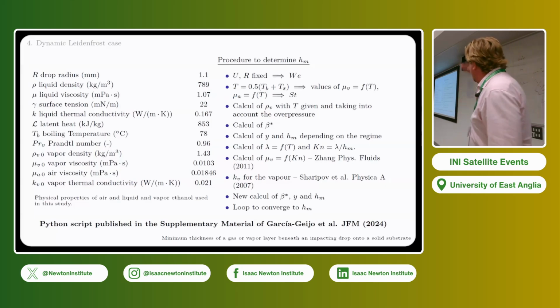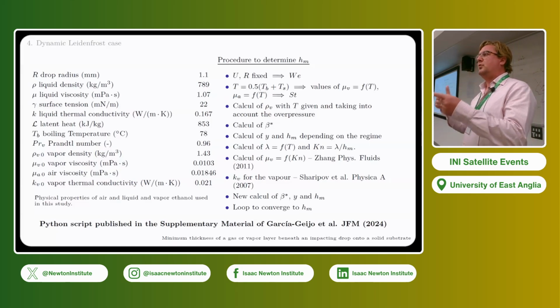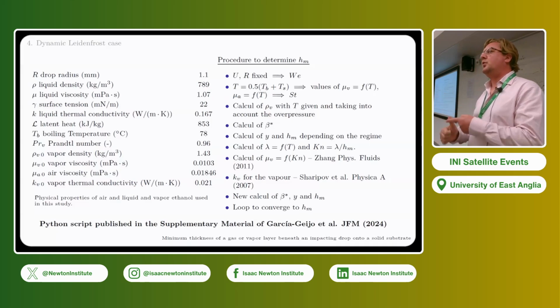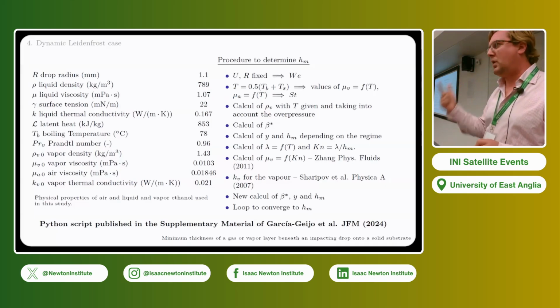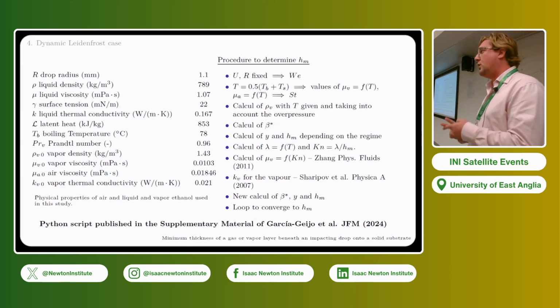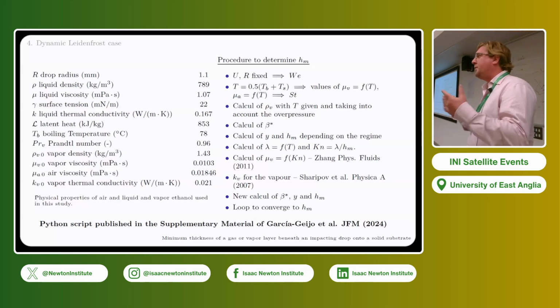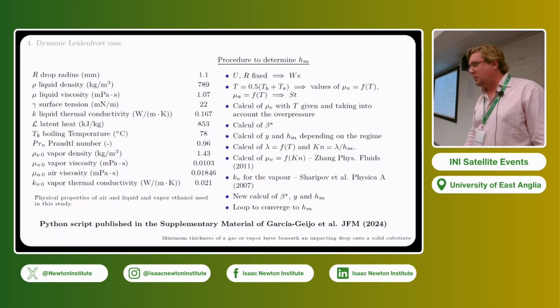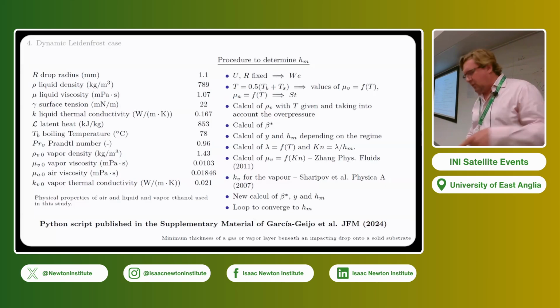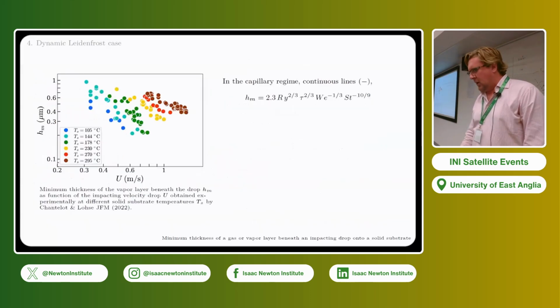So in this procedure, we have taken into account the real properties of the vapor and air at the average temperature, and we have taken into account the gas kinetic effect in the model. You have a Python script published in the supplementary material of this publication in which this procedure is described. In capillary regime, we have the same expression as in the isothermal case.